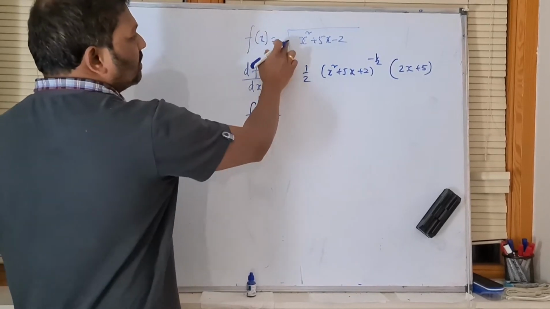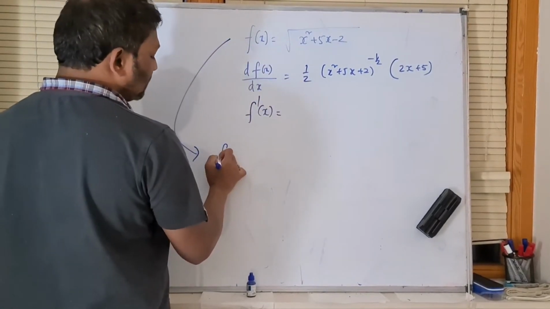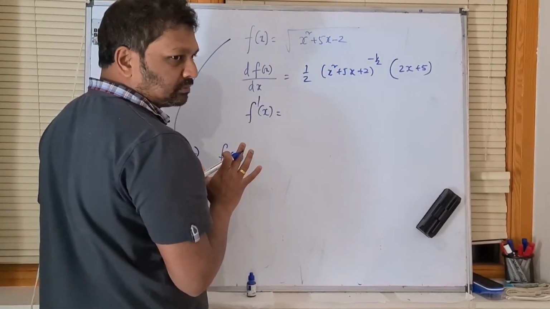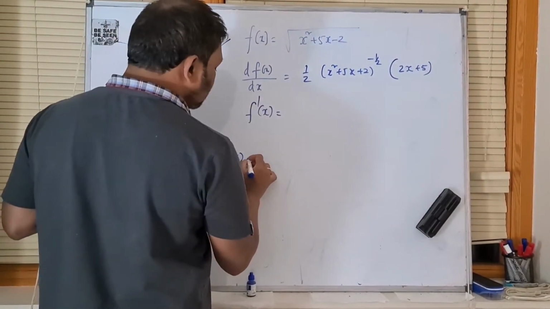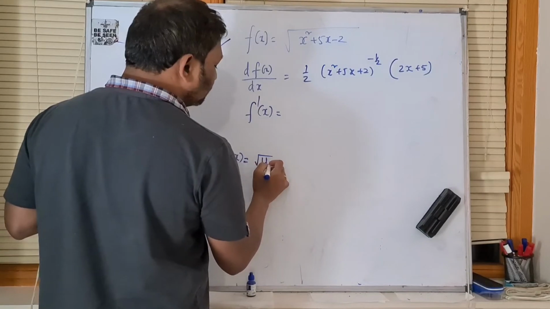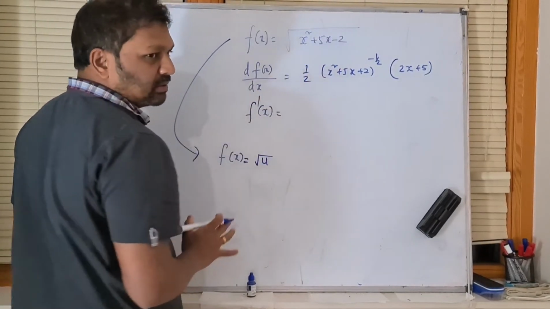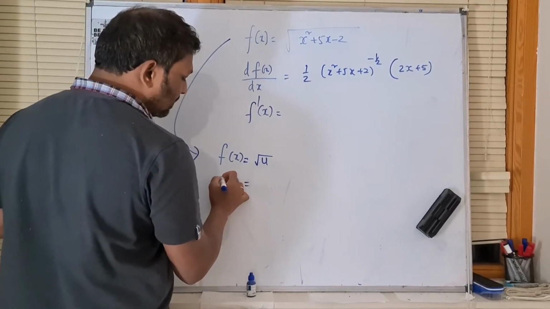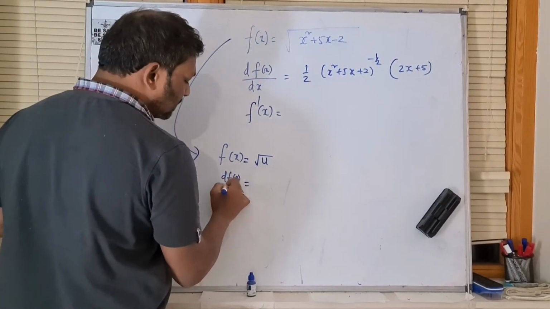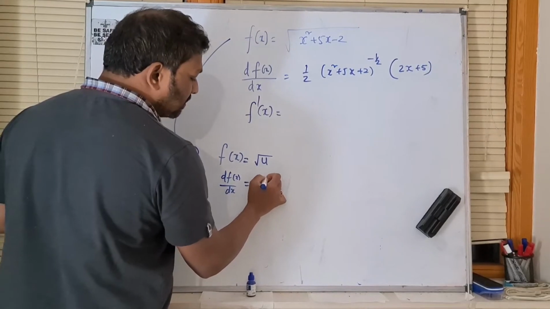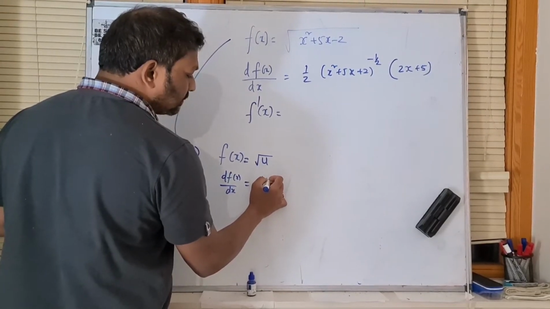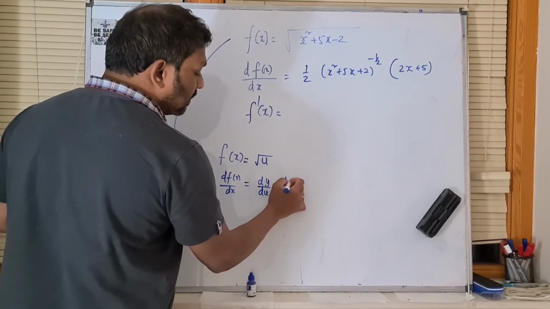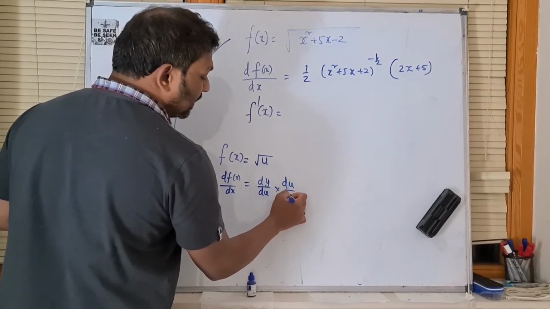For example, consider this whole part as u. So that is the square root of u, the whole part under the square root. In such a case, to differentiate f of x with respect to x, you have to do dy by du into du by dx.